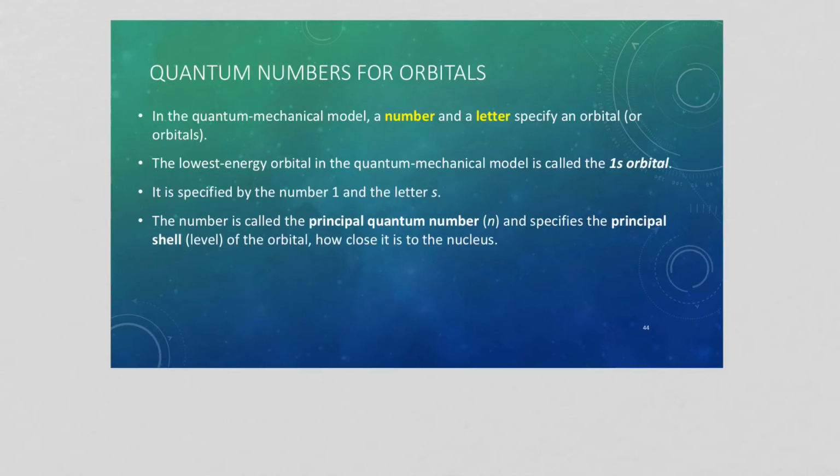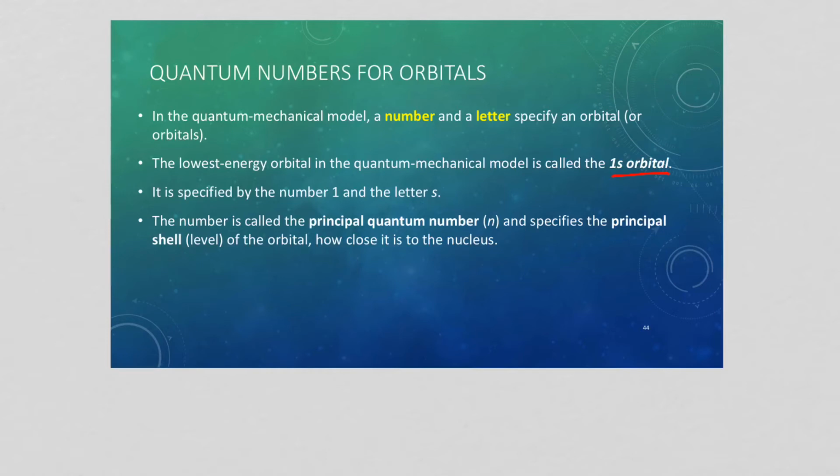Now, how do we identify or label or keep track of these orbitals, right? These areas where the electrons are likely to be. Well, in the quantum mechanical model, we use a number-letter system to specify an orbital. So the lowest energy orbital in the quantum mechanical model is called the 1s orbital, right?